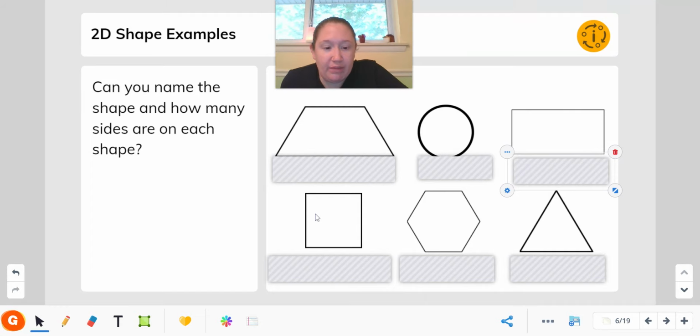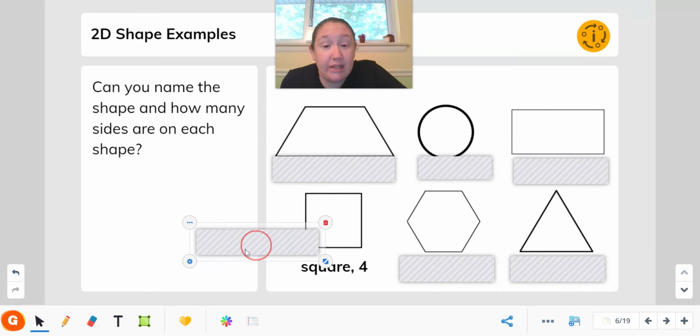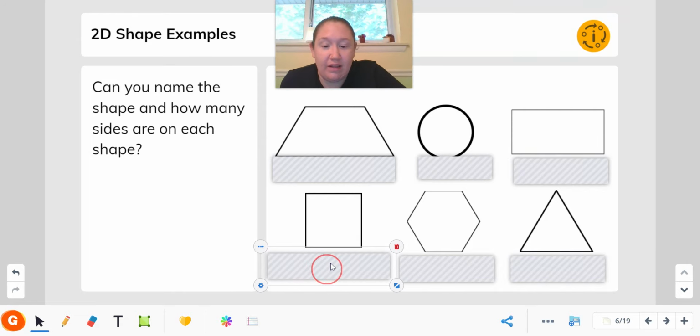How about this shape? This shape has 4 sides also. 1, 2, 3, 4. What shape has 4 sides and they're all the same? If you said square, you are correct. That is a square. Okay. 1, 2, 3, 4, 5, 6 sides.